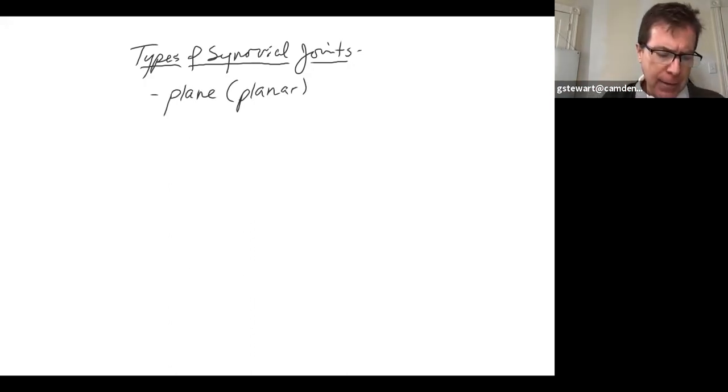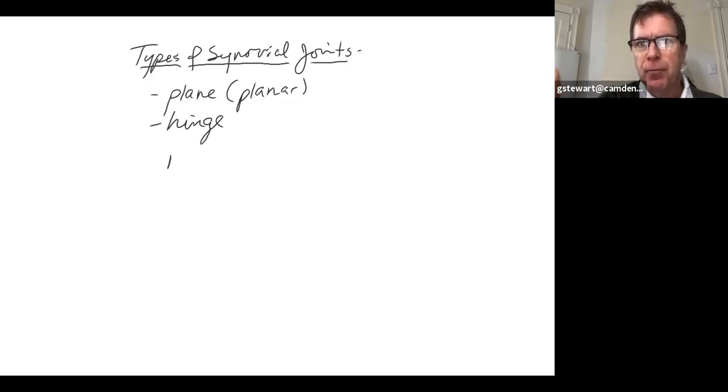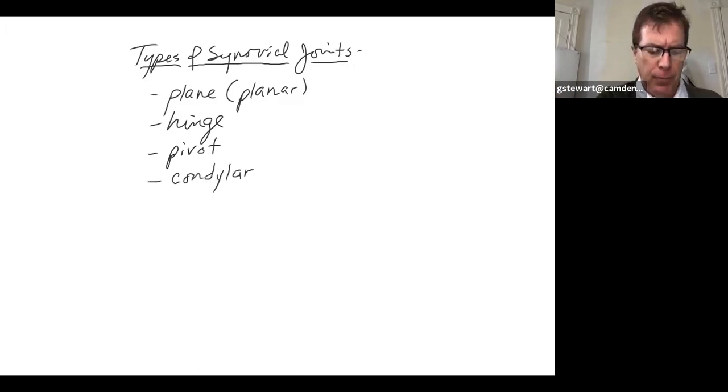Second one on the list, I'm just going in the order of your book, is hinge. That's just like the name describes. Pivot. I'll describe these singularly after I list them. Condylar.